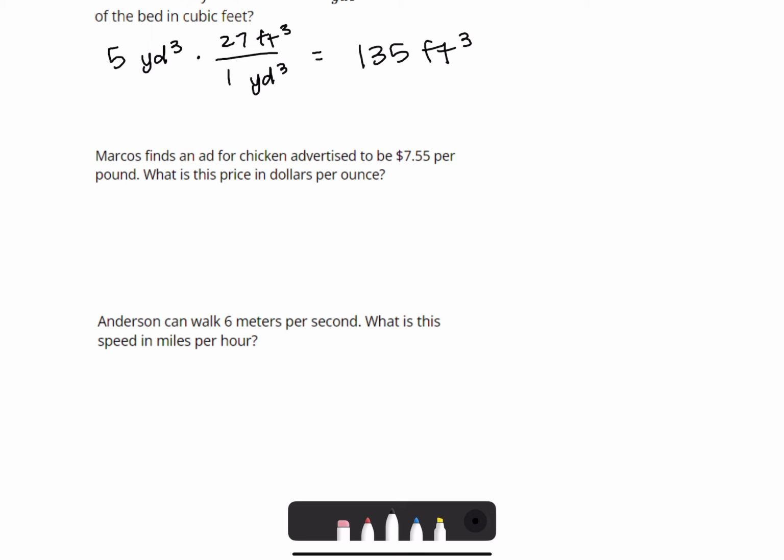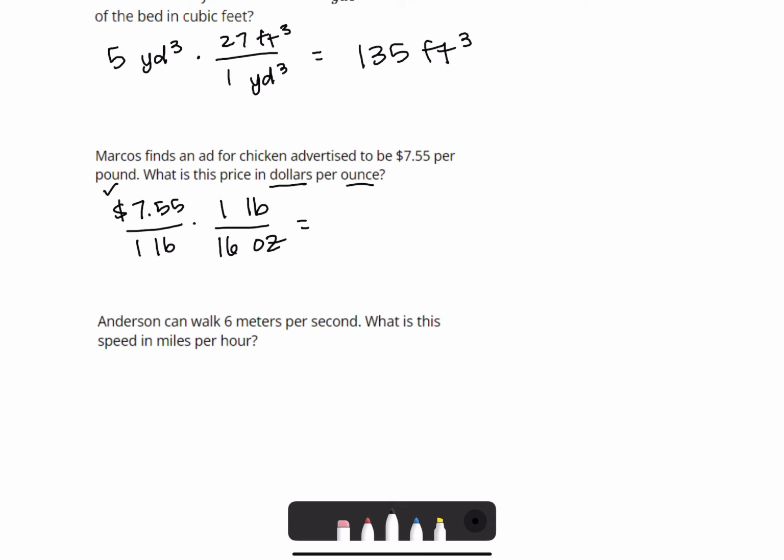Marcos finds an ad for chicken advertised to be $7.55 per 1 pound. And then what is the price in dollars? So that's what we already have, but then we want it per ounce. So 1 pound is 16 ounces. And that's just from the formula sheet. That is weight and mass.